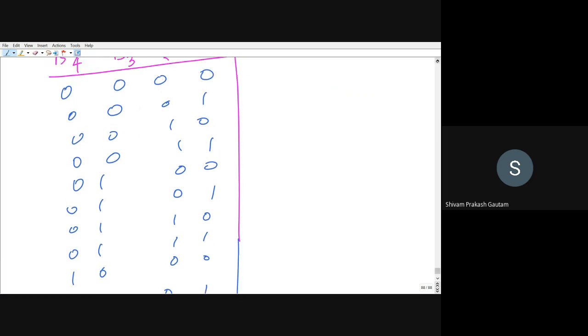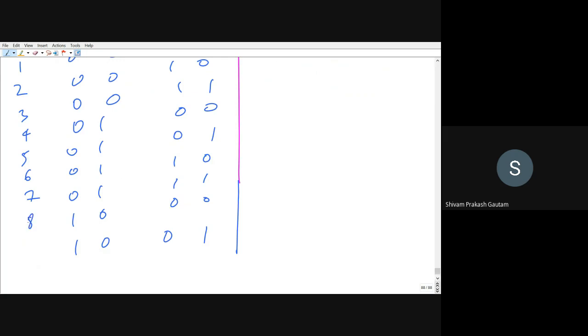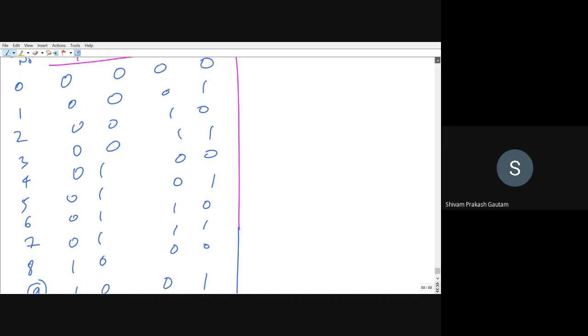So this is till 9. So you can write the decimal equivalent as well. So this is 0, 1, 2, 3, 4, 5, 6, 7, 8, and 9. Right? For representing one decimal number, you require 4 bits of BCD. So this is the maximum range.